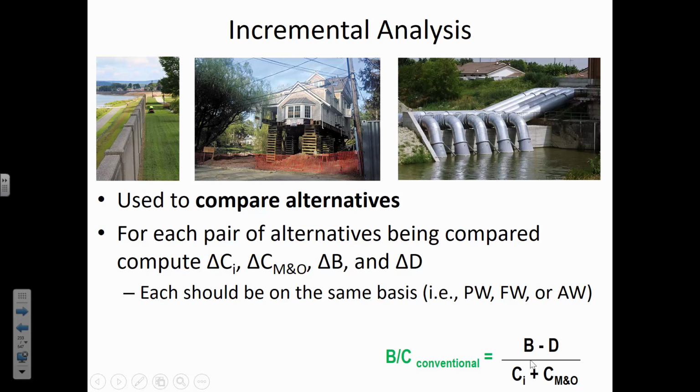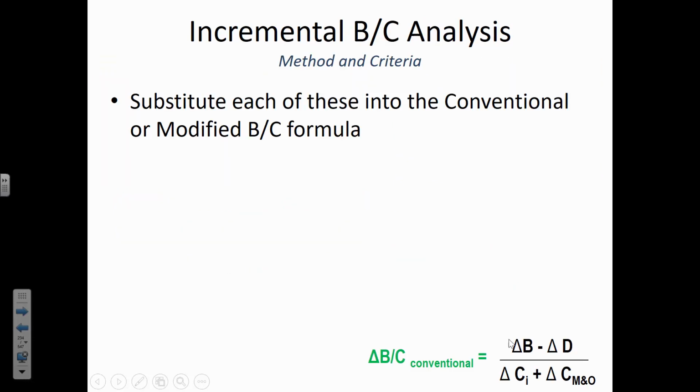So instead of this formula, we're going to rearrange it to where the incremental analysis is the difference in benefits between two options, the difference in disbenefits, the difference in costs, and all of that together gives us the incremental benefit to cost.